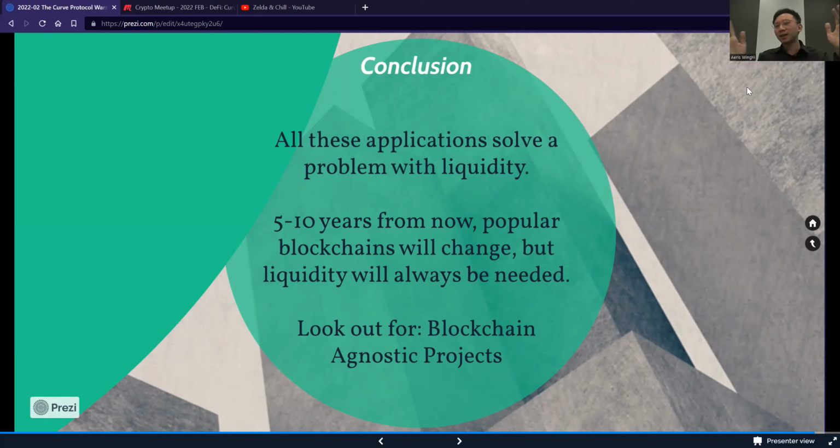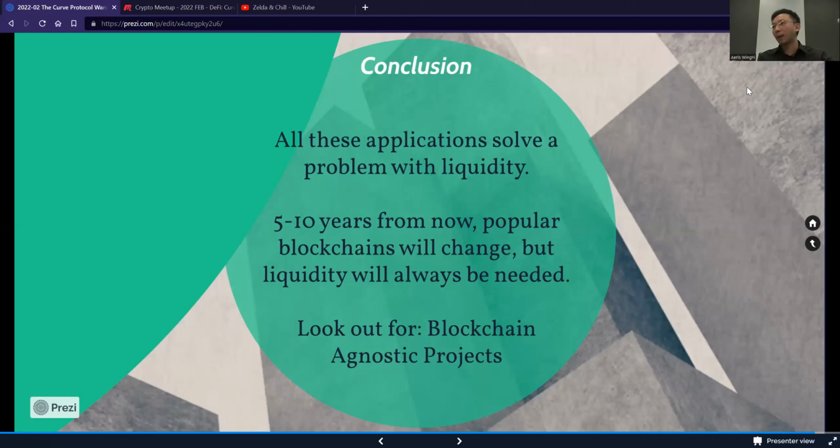But the thing is that they will change, but at the end of the day, they all need liquidity. There's going to be exchanges, and they all need people buying and selling stuff. Doesn't matter what it is, but it's the fact that they need liquidity, and it's good to look for projects that are blockchain agnostic, where it doesn't matter what popular blockchain is going to be.